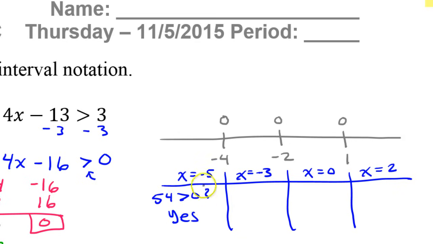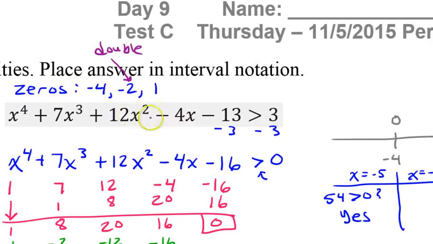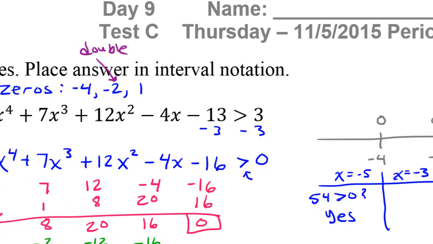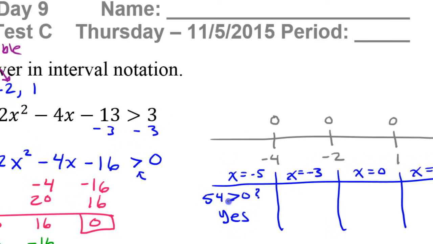If I took -5 and plugged it into the function, I would get 54, and 54 is greater than 0. Since that's a true statement, -5 is a solution. That means all of the x values in this zone are solutions, so I will show them by drawing an arrow.